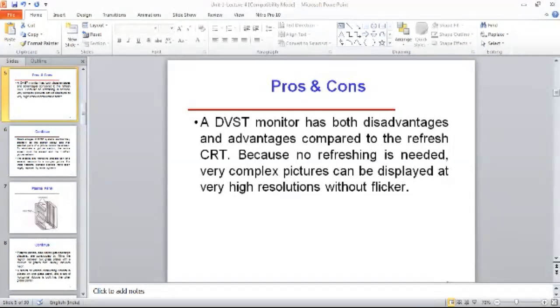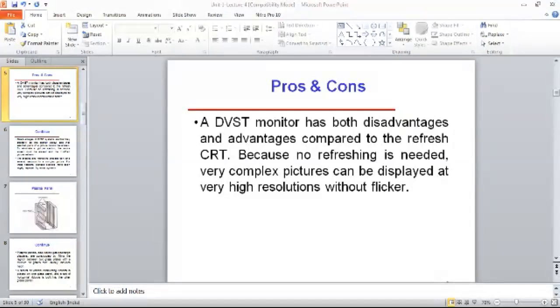Similarly, every electronic device or other device has its pros and cons, the advantages and disadvantages.